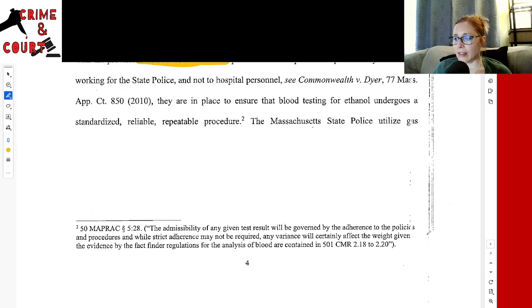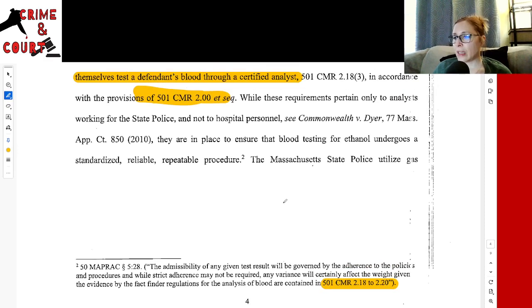Regulations for the analysis of blood are contained in this statute here. So it becomes less reliable if it was not done based on policies and procedures for the Massachusetts State Police.